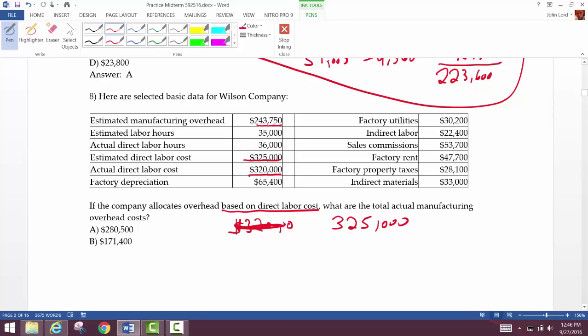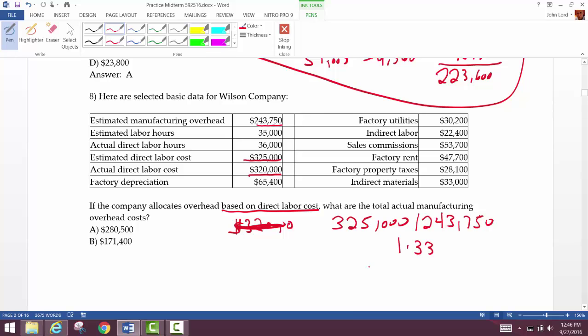The estimated manufacturing overhead to come up with the predetermined rate of what? 1.33.